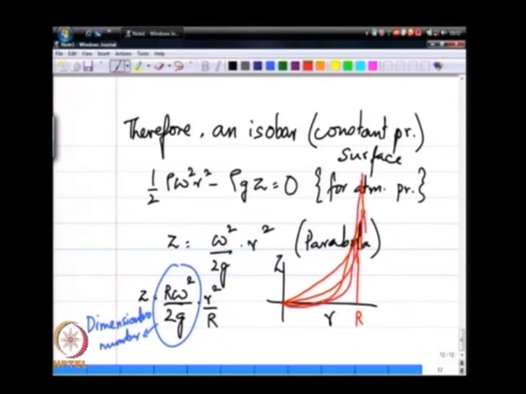So, as this number increases, the fluid is going to be pushed more and more towards the wall. The meniscus shape is going to look like a nearly flat meniscus at the bottom, and it is going to rise up sharply near the wall.